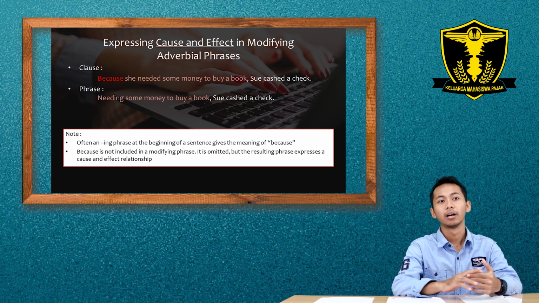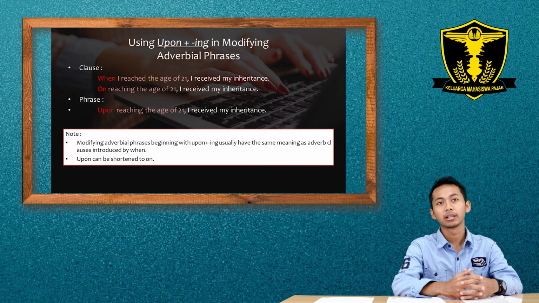The -ing phrase at the beginning of the sentence gives the meaning of because. Because is not included in the modifying phrase. It is omitted, but the resulting phrase expresses the cause and effect relationship. So it's the same.